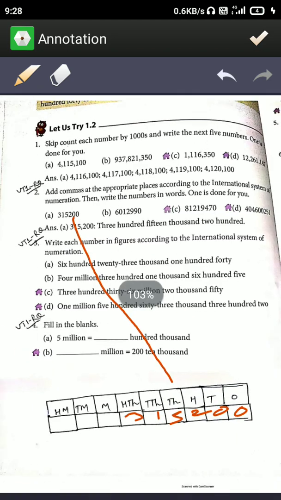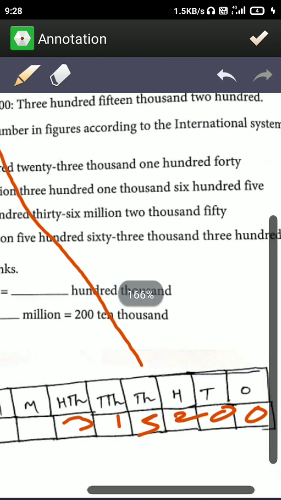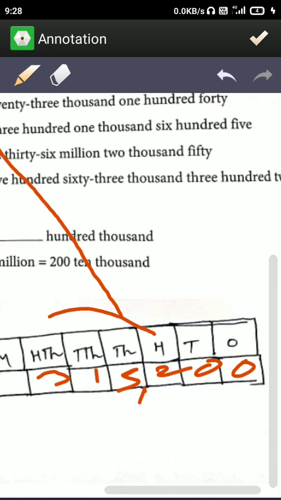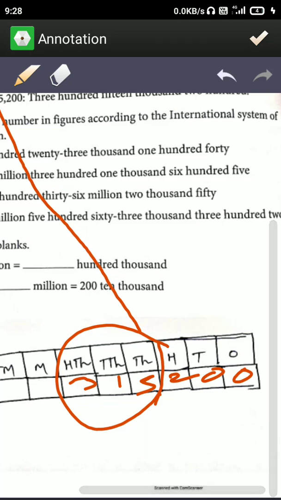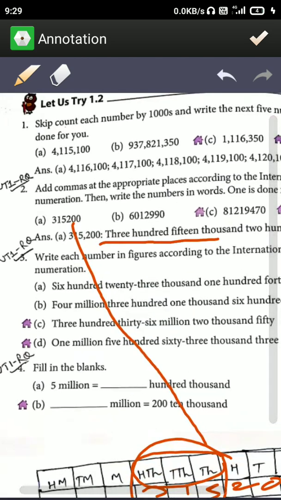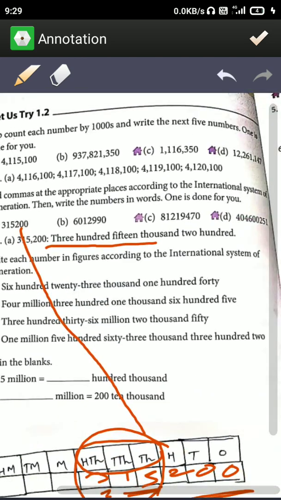You know that in the international system of numeration, from the last side we add a comma after 3 digits. So we will read it together: 315,000 and 200. So we will write here 315,200.